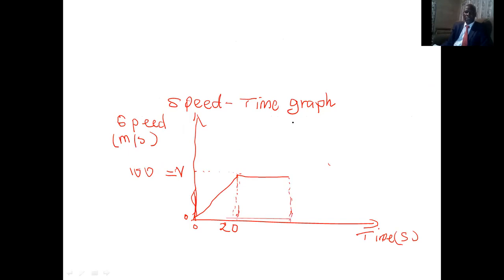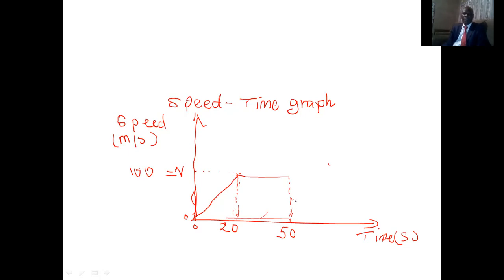And if we add 30 seconds to 20 seconds, it gives us 50. It means that the car would have covered 50 seconds from zero.